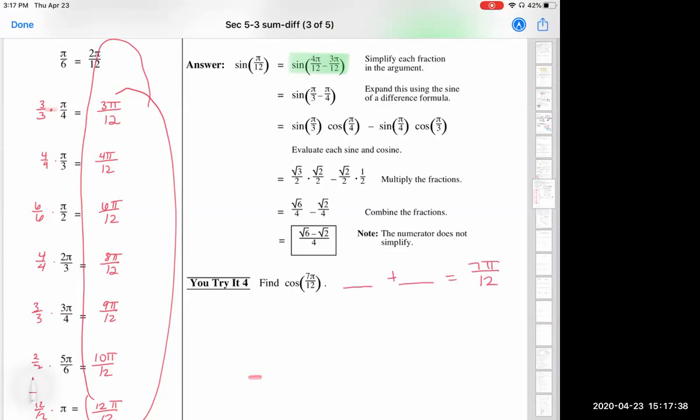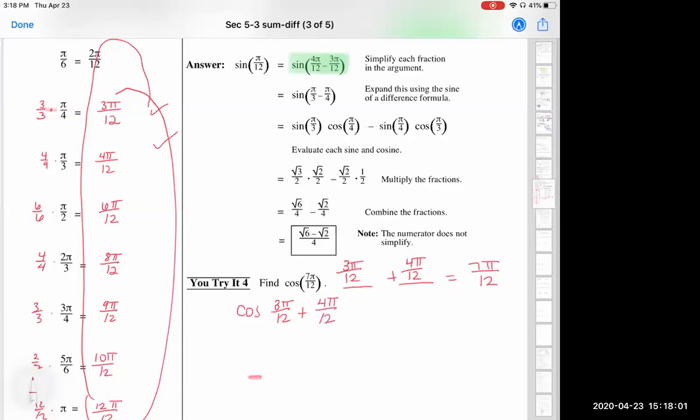If we look at them, maybe 3 and 4, that gives us 7. So we have 3 pi over 12 and 4 pi over 12. Okay, so we can write this as cosine of 3 pi over 12 plus 4 pi over 12.